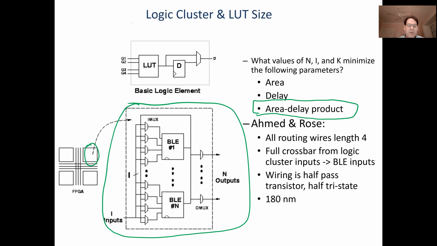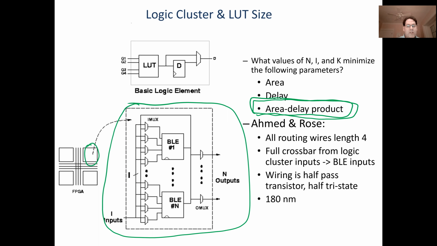And industrial FPGAs, for the low-cost FPGAs that I was part of the team that architected at Altera, those were the Cyclone FPGAs, we would basically optimize area delay product. Or sometimes for those ones, we may optimize area a little more. So area delay product, or maybe area to the 1.2 times delay. For the higher performance chips, the Stratix chips, we'd push it a little more towards delay.